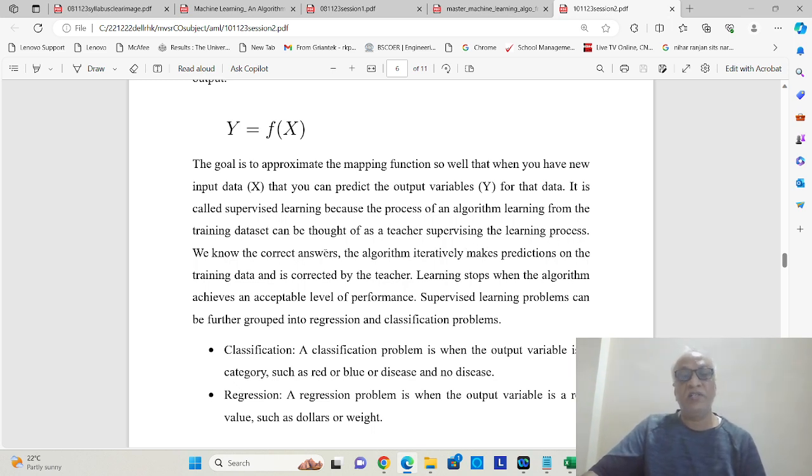We know the correct answers. What the algorithm does is repeatedly make predictions on the training data, and those predictions are corrected by the teacher. Learning stops when the algorithm achieves an acceptable level of performance. So performance measures are used for that purpose.